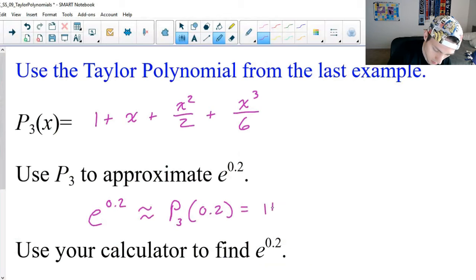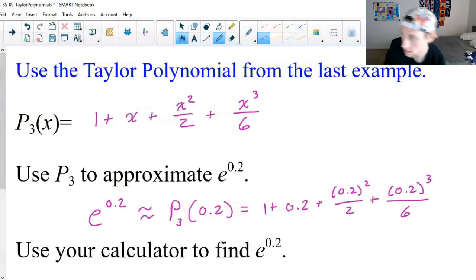So 1 plus 0.2 plus 0.2 squared over 2 plus 0.2 cubed over 6. All I did was take my Taylor polynomial and plug in 0.2, because that's the thing I'm trying to approximate.